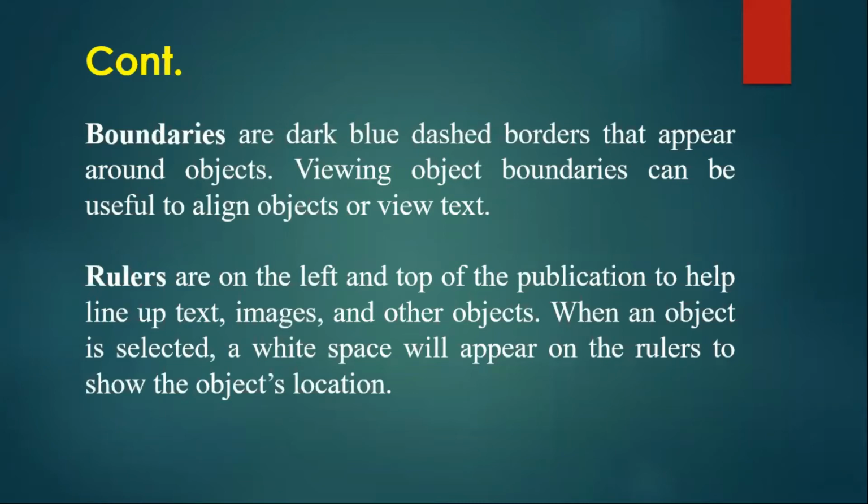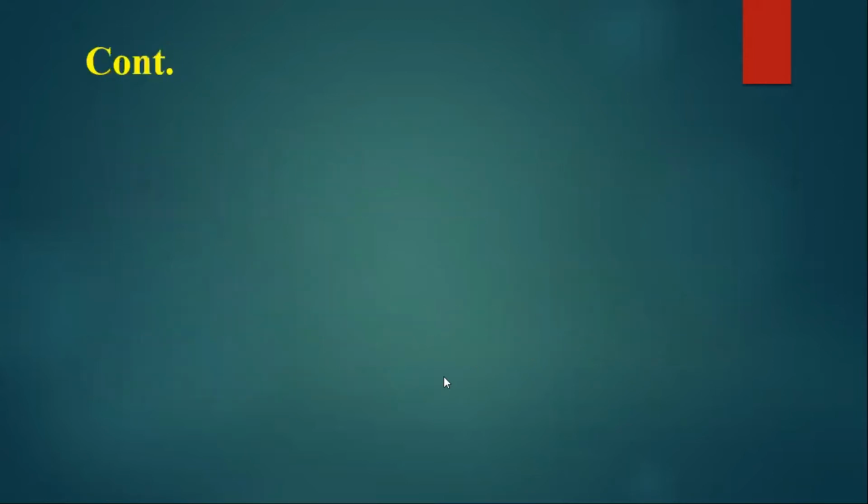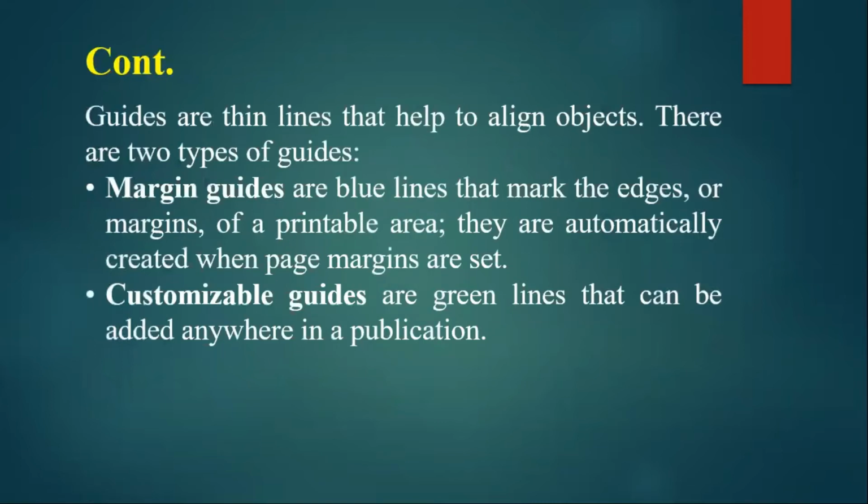You can use the ruler to create a certain demarcation or margin for your text, images, and other objects. The ruler we are talking about here is not different from the physical ruler you know. This is an electronic one, okay? So Publisher has that kind of tool to work with.